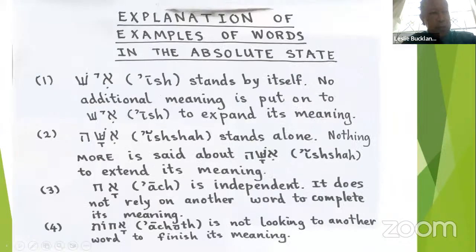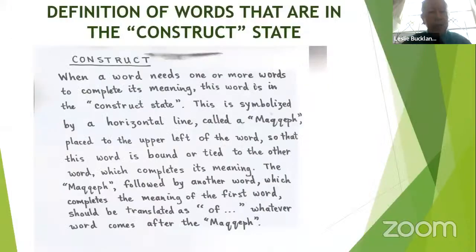If we build onto it, if we put something more to it than what was there originally, we are putting that very same word that was once in the absolute state into what is called the construct state.